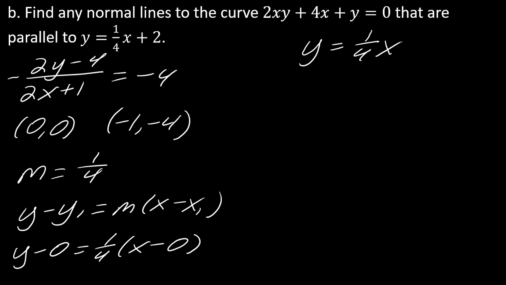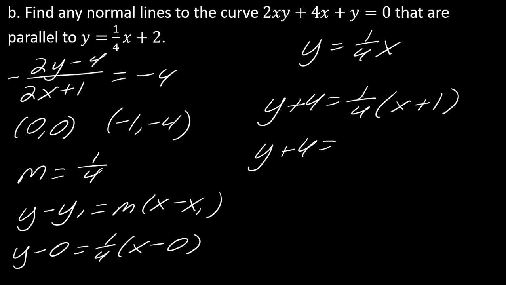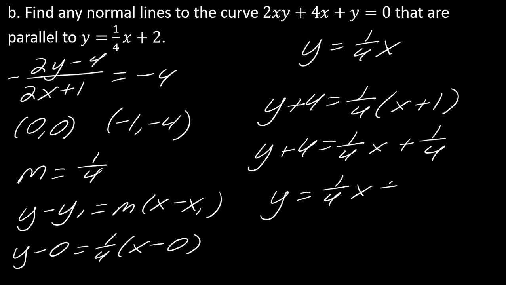And then for the other one, I can do y plus 4 equals 1/4 times x plus 1. So I have y plus 4 equals 1/4 x plus 1/4. So this will be y equals 1/4 x minus 15/4.